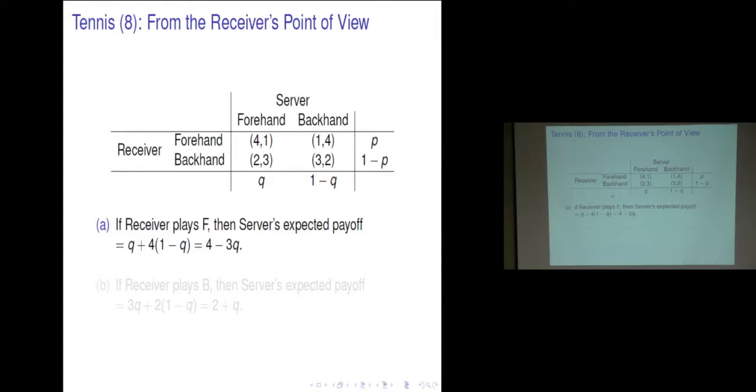Then the analysis for the server is what happens if the receiver predicts forehands, right?